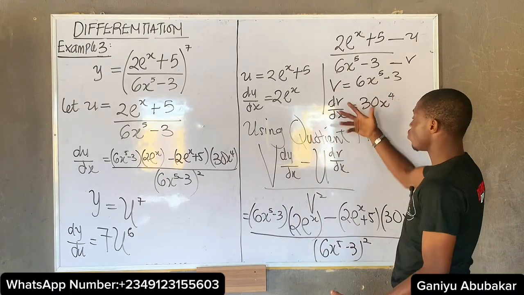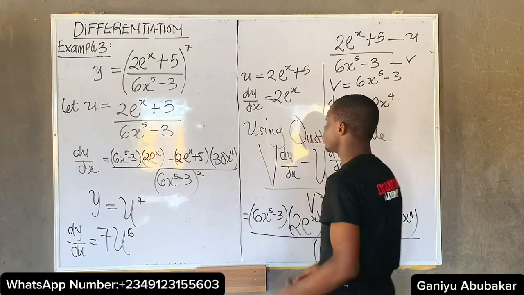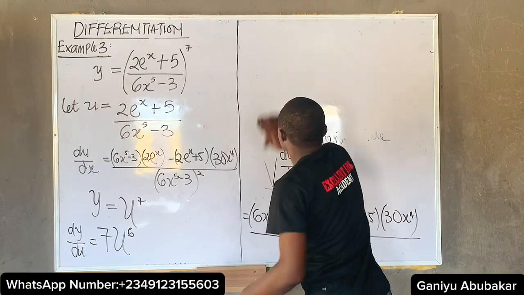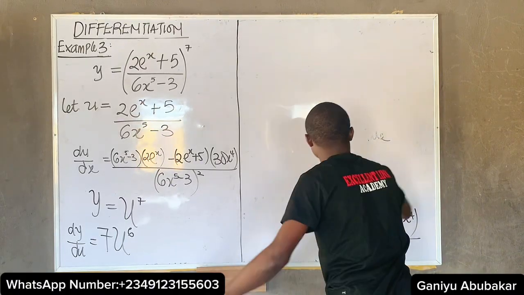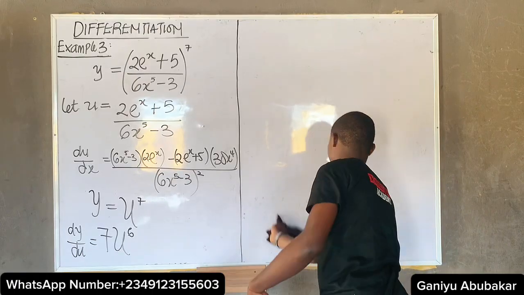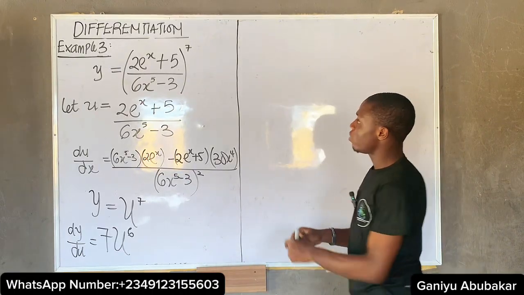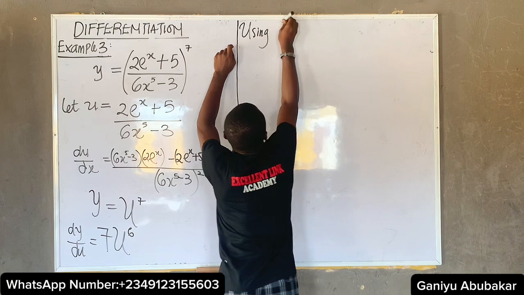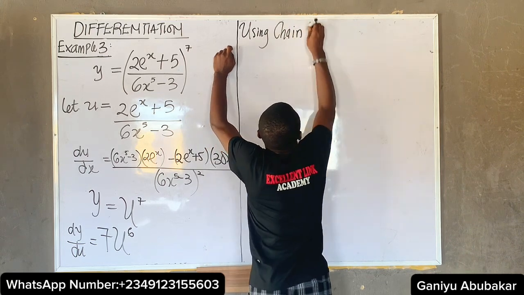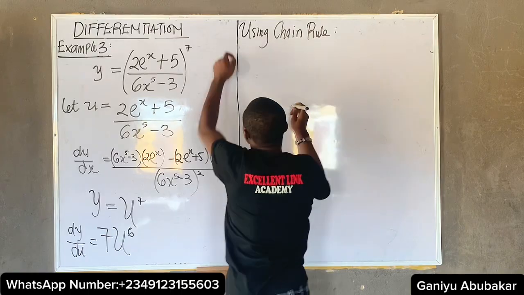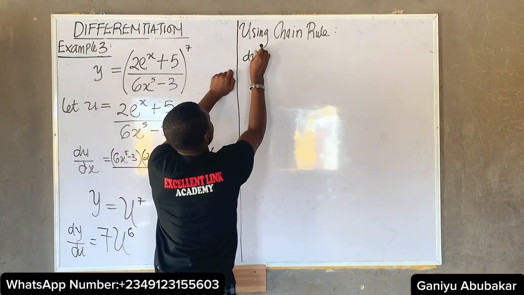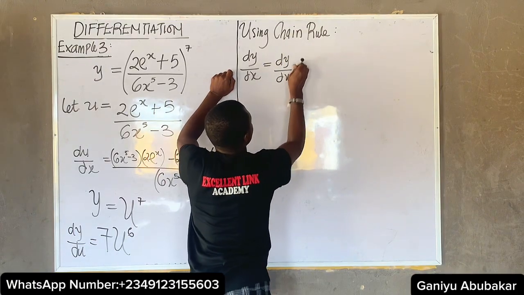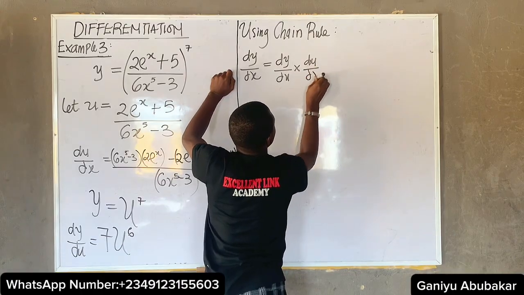Perhaps if you don't need it, just do it quickly in a rough sheet and put your answer the way I did. So I'll erase this. Alright. From then now, using chain rule. For chain rule, we said that dy over dx is equal to dy over du times du over dx.